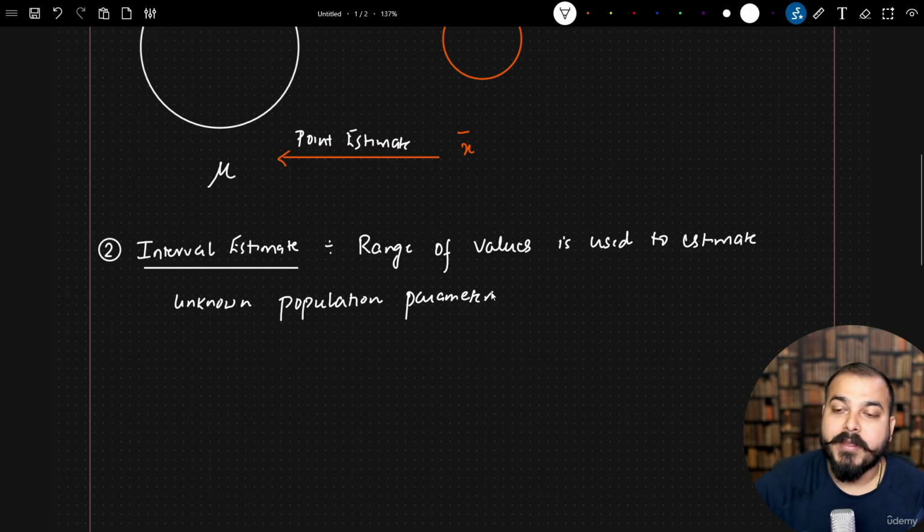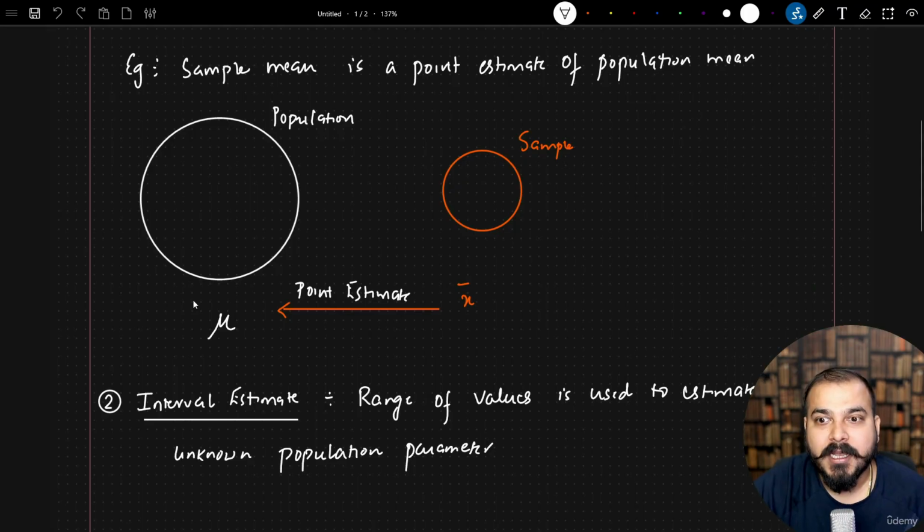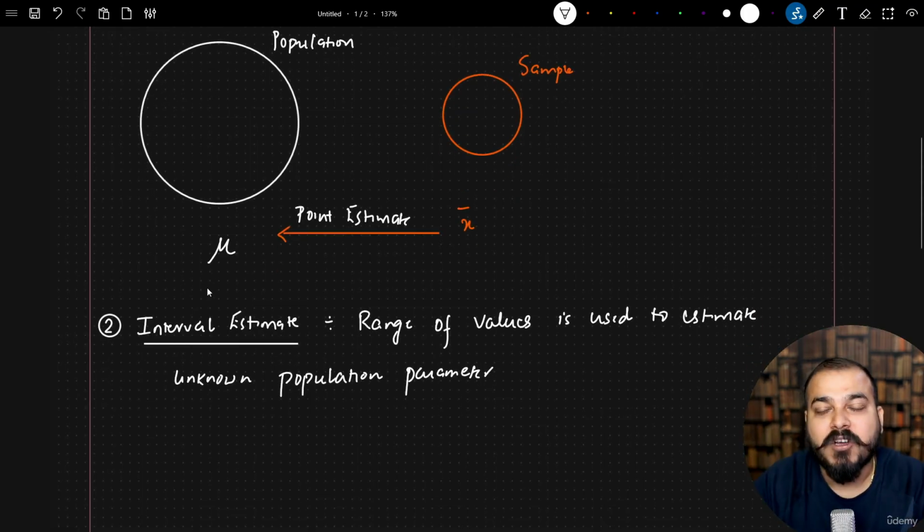See this, guys. If I have this population data, I get a population mean, and if I take a sample, I get a sample mean. But only this specific point will not be sufficient to represent the entire population mean, so it is better we give some range of values.